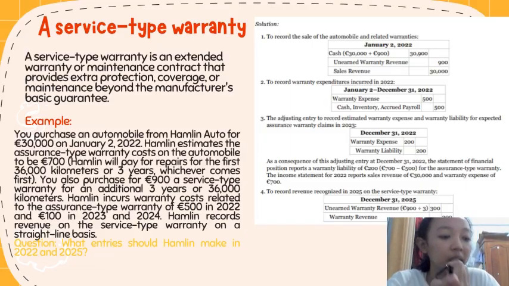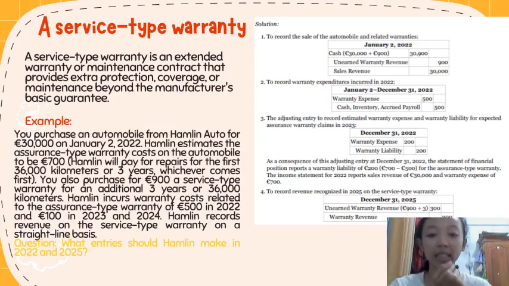For example, in the case of a television, the seller recognizes the sale of the television with the assurance type warranty separately from the sale of the service type warranty. The sale of the service type warranty is usually recorded in an unearned warranty revenue account.